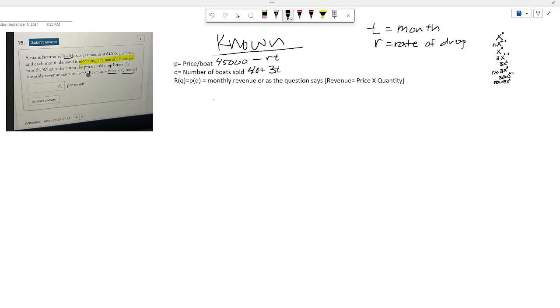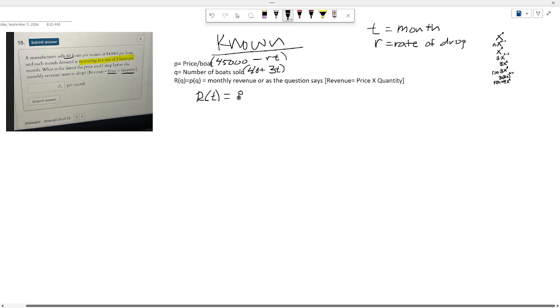Now we have our equation here, which is revenue equals price times quantity. So we have price and quantity. These are our two functions. So the revenue function R of T equals P of T times Q of T. Just plug it in.